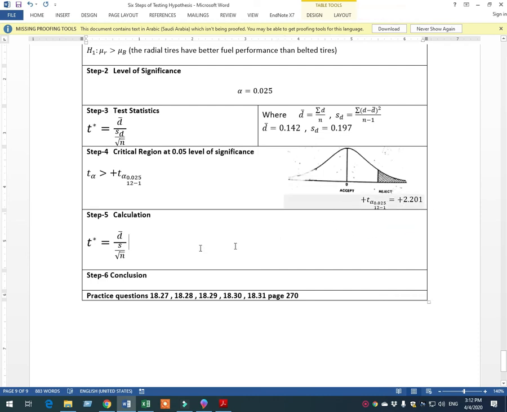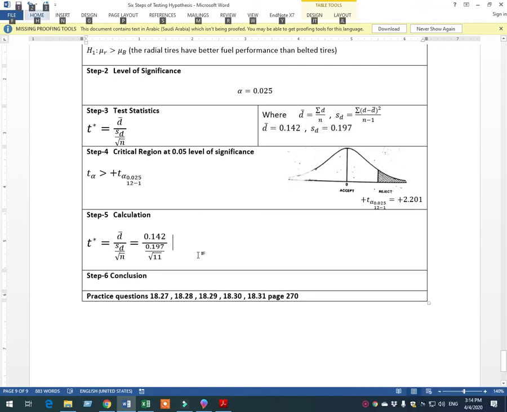So that is the tabulated value. Now we come to the calculation of the T statistic, the calculated value. We have already calculated the mean of the differences and the standard deviation of the differences. So now putting the values in this formula, I put all the values of D, standard deviation of D, and the number of observations.